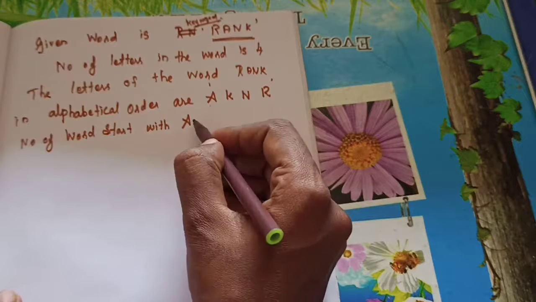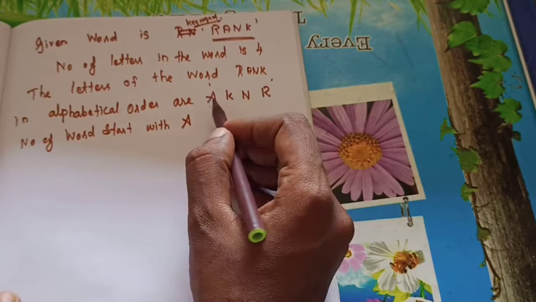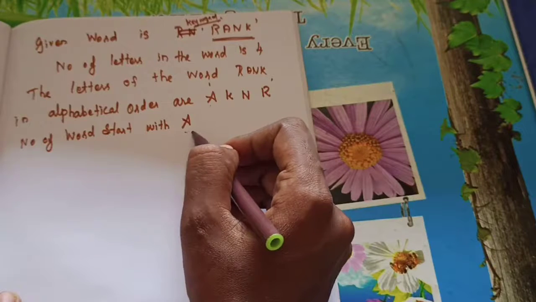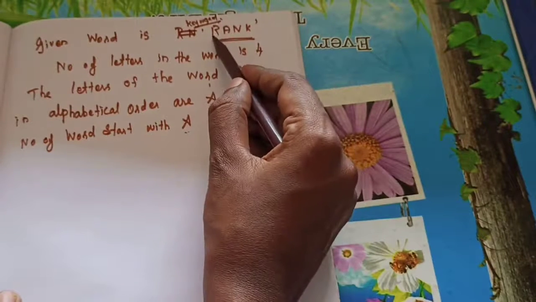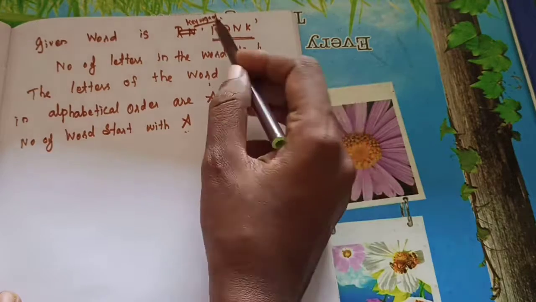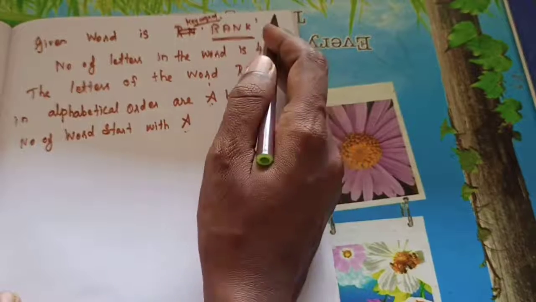Start with A means at once you need to see the keyword. Now here I wrote A, is it right? Number of words starting with A, but what's the first keyword? R. If this A is the same as the first keyword, you need to cancel. Here you won't cancel. Why?